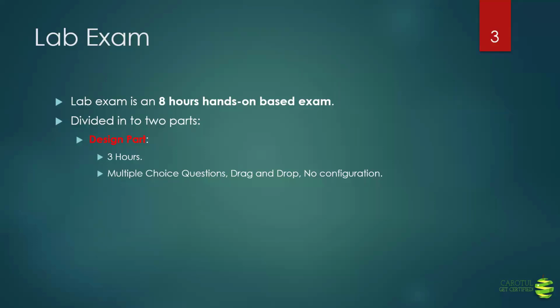The configuration actually comes into the second part of the exam, which is the deploy, operate, and optimize part. In this part, you get 5 hours, and there will be a separate topology. So it will be a new, different topology, and you will be able to click on the devices, open the console, and configure the devices. Now, devices will be pre-configured to some level.